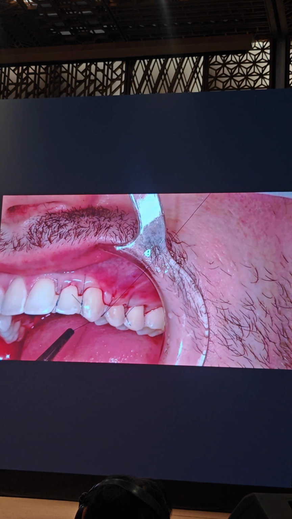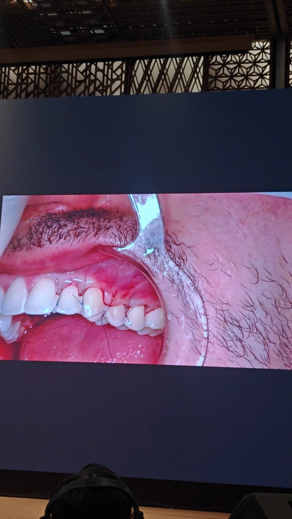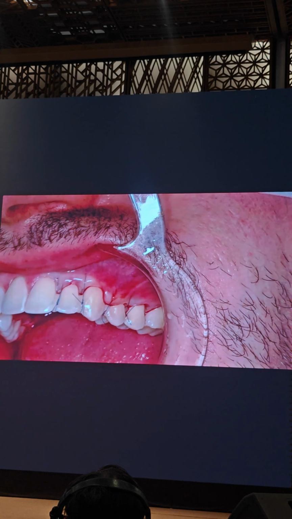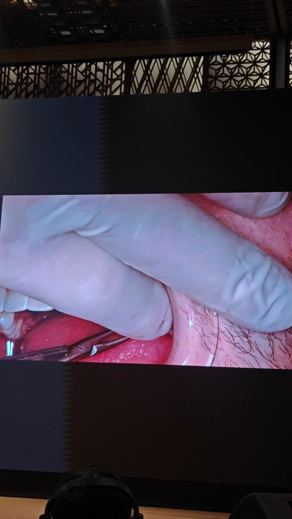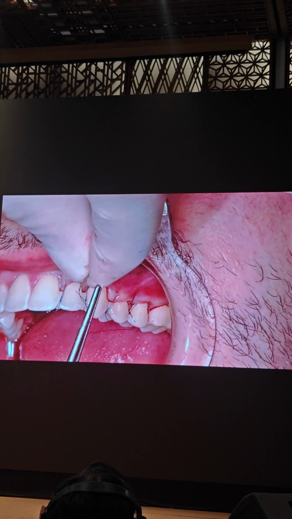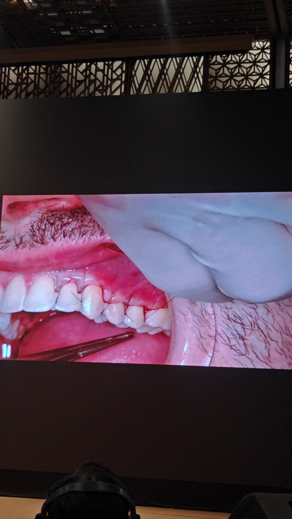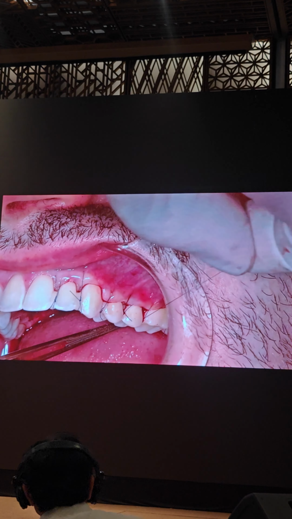And then some belts will be added. We're still in the suspender time.